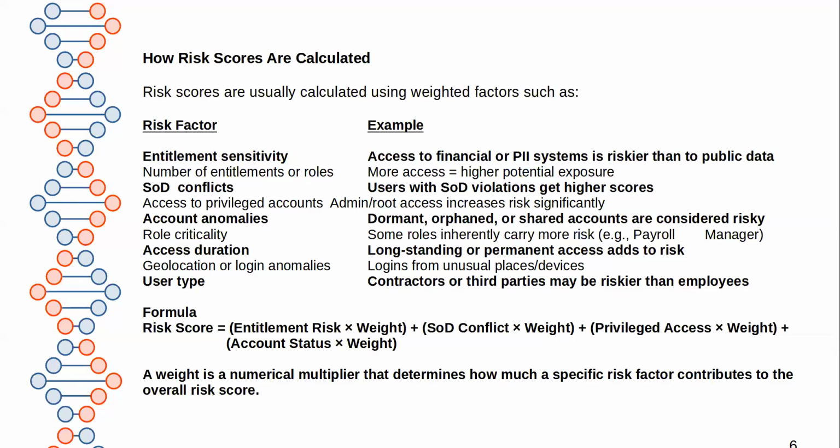The last line: a weight is a numerical multiplier that determines how much a specific risk factor contributes to the overall risk. To understand this, look at the formula and the first bracket, which says entitlement risk into weight.